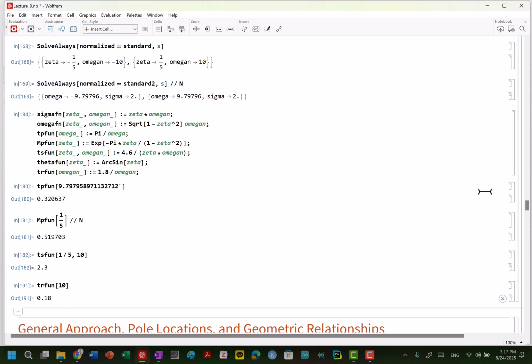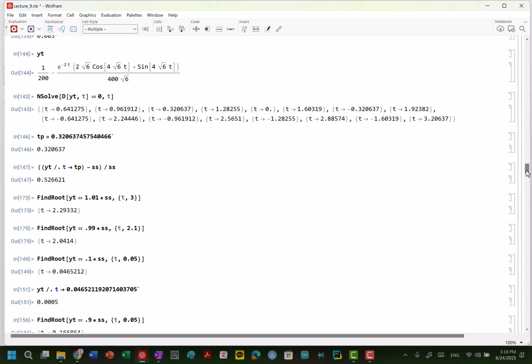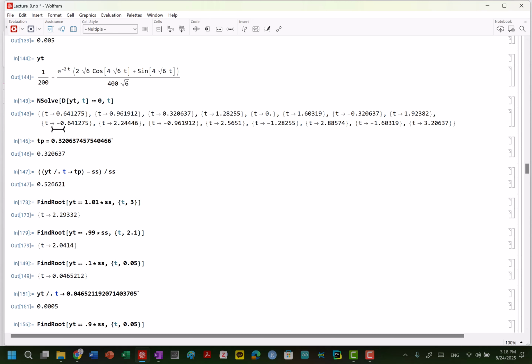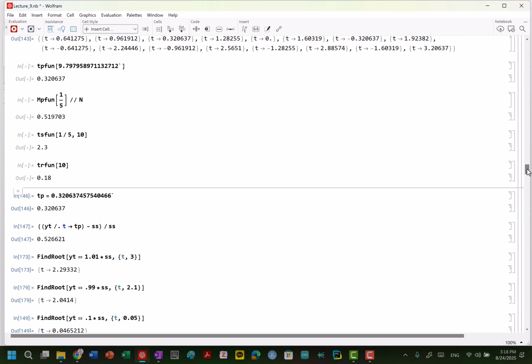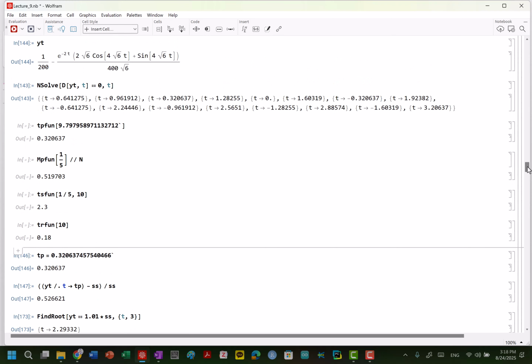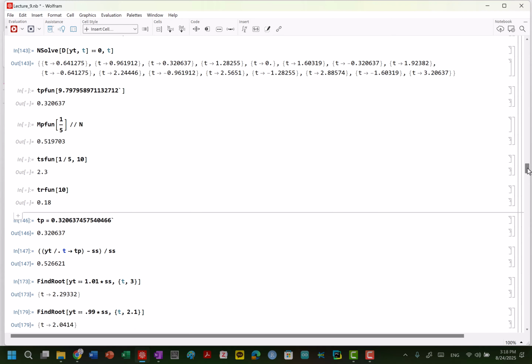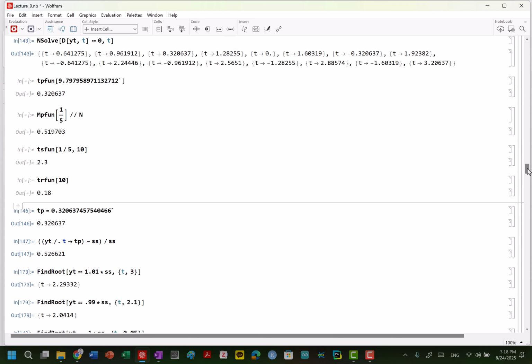There. So I'm going to take these values and look at where we were working up here. Let's see what we got. So TP fun, that looks good, right? What about our maximum overshoot? We calculated at 52, and we see it here at 52-ish approximately, but it's kind of what we expected.